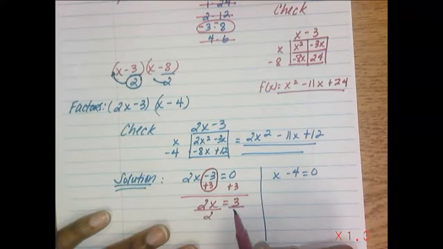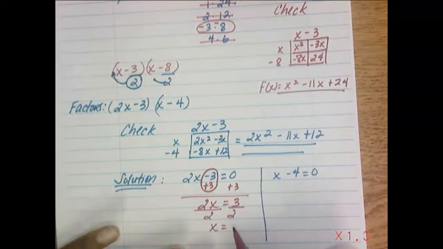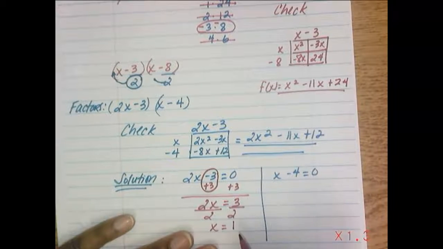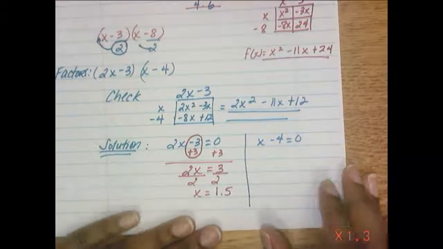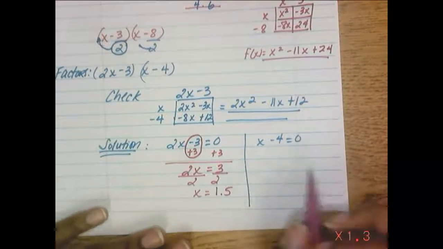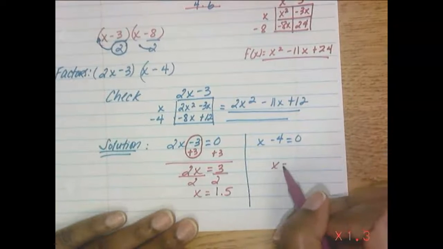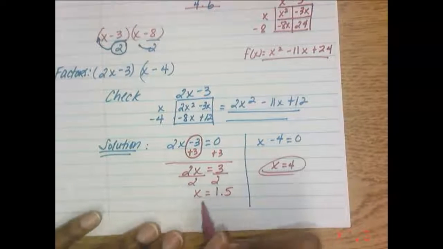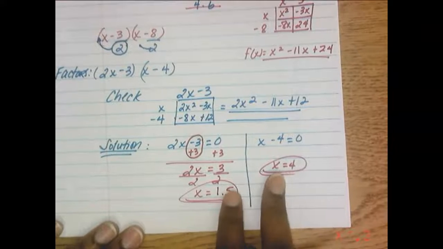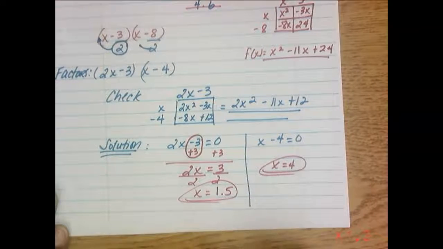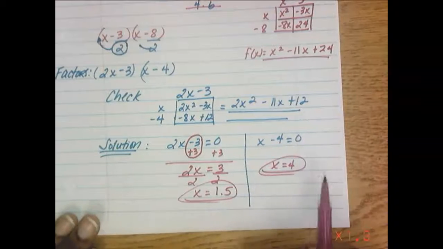So dividing by 2, you'll get x equals either 3/2 or 1.5. It doesn't matter however you write it. And then over here on the other side, you should know that x is equal to 4. So what that means is that this positive quadratic function would have a solution or an x-intercept at 1.5 and at 4.